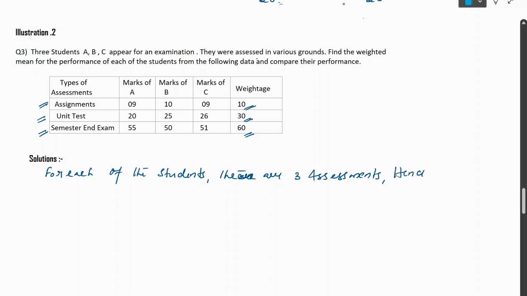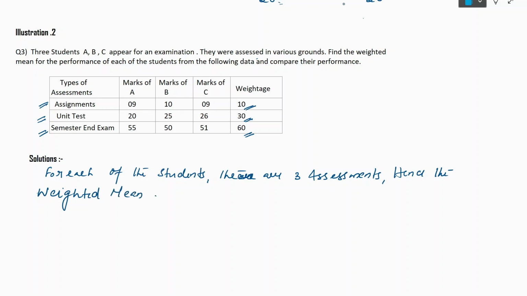Hence, the weighted mean x bar w equal to, write the formula because the items are 3. Therefore, we are going to write the formula as x1 w1 plus x2 w2 plus x3 w3 whole divided by w1 plus w2 plus w3.